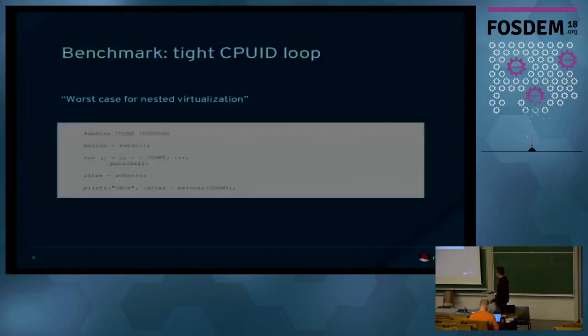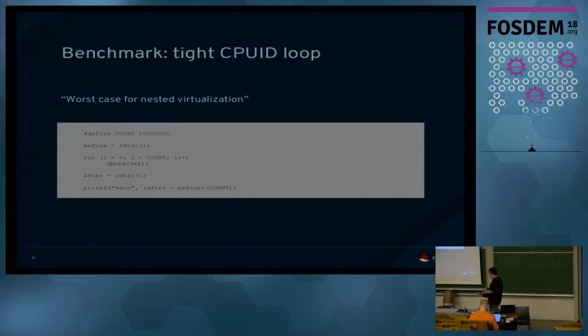So, first example, I hope you can see there, is a classical example of how you would test your virtualization in general. I will try to explain later why, but this example is a simple thing. It's just a tight CPUID loop. I hope that everybody in this room knows that RDTSC returns the cycle count from your CPU.